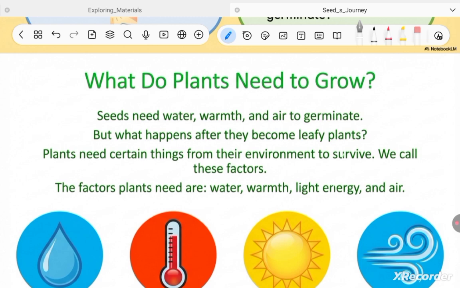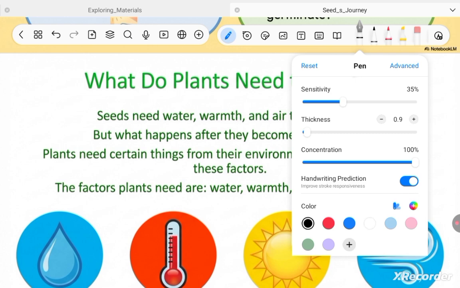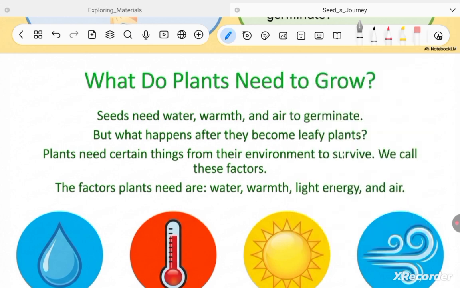Those are the requirements of a seed. What does warmth mean? It needs that place to be warm, not too cold and not too hot. And it also needs air. Those are the three things that a seed needs to germinate.